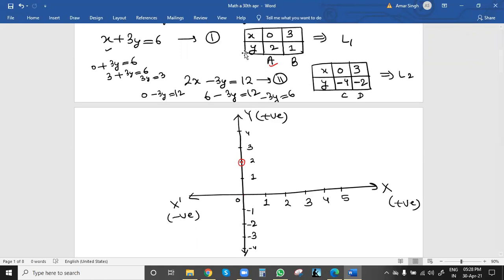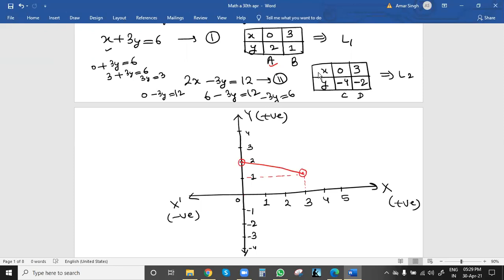3, 1. X will be 3, y will be 1. Here we can plot. So for the first equation, this will be the line, we can join these 2 points first, and then we can extend in both the directions. With the help of scale, you can join.